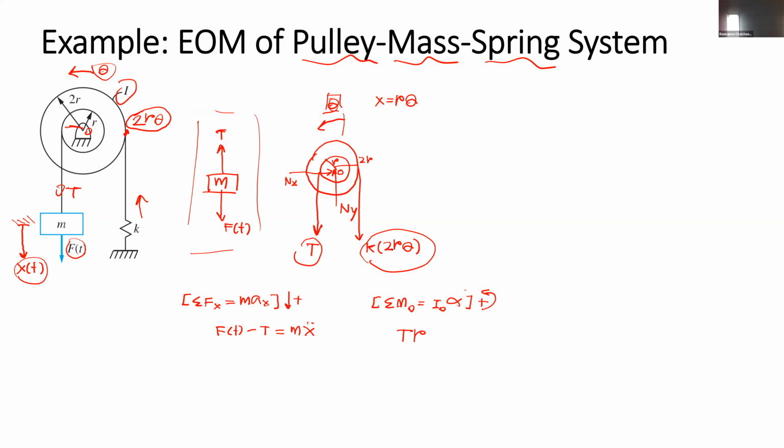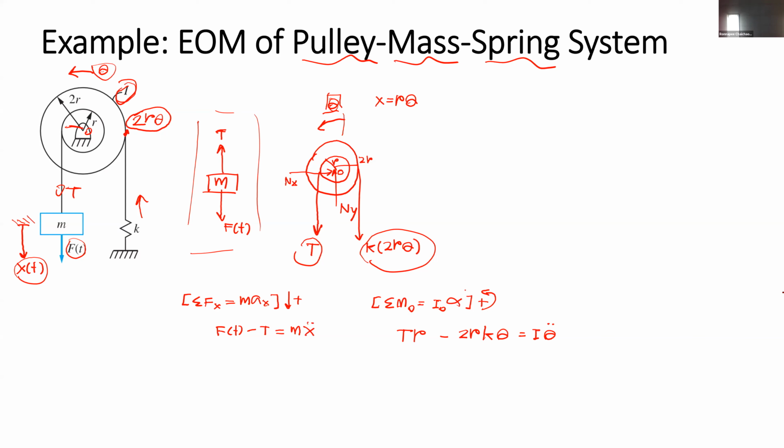The spring force on this side is downward and clockwise, so it will be negative: 2r k theta, equal to I about point O, or just I, multiplied by theta double dot.